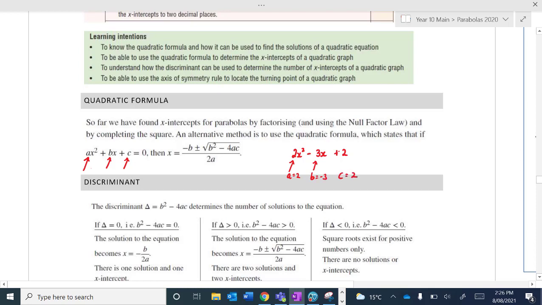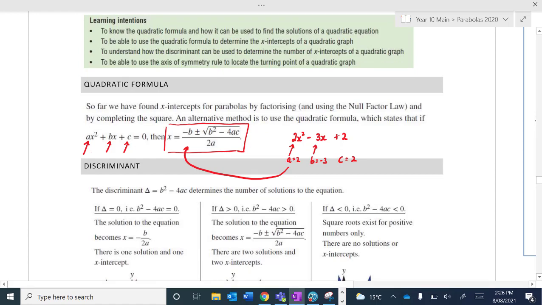So we can plug those values of a, b, and c into the formula, and we can use that to solve for the x-intercepts.